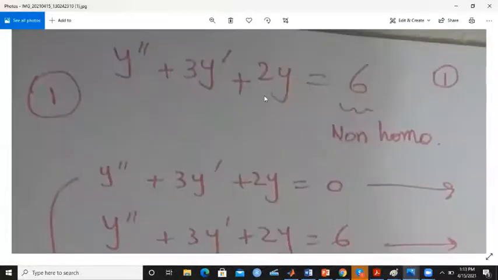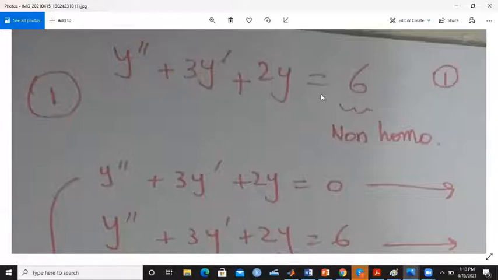Let us suppose that I have a non-homogeneous differential equation y double dash plus 3y dash plus 2y is equal to 6. The term on the right hand side is making this differential equation non-homogeneous. So now I have a second order differential equation, and I want to find the solution.